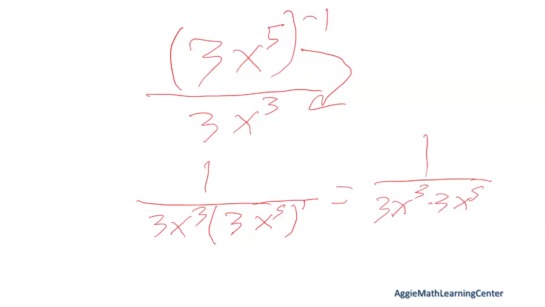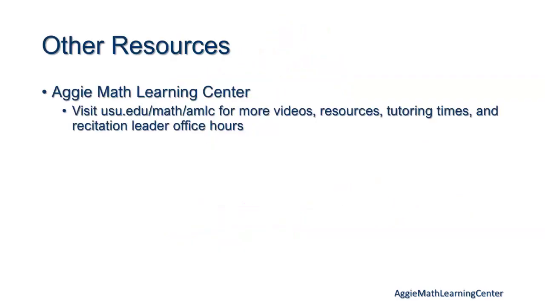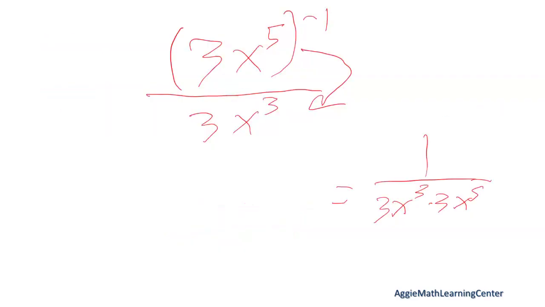Now how are we going to simplify that? I'm going to erase this previous part. We can add the exponents here, right? Yeah, exactly. Add the exponents. So now we got 1 over 3, and we still have the other 3 times 3.